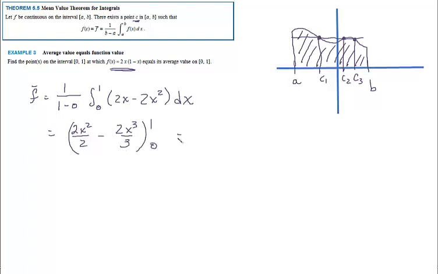And this average value is, so you guys cancel, and it would be 1 minus 2/3, which would then be 1/3. So the average value is 1/3.